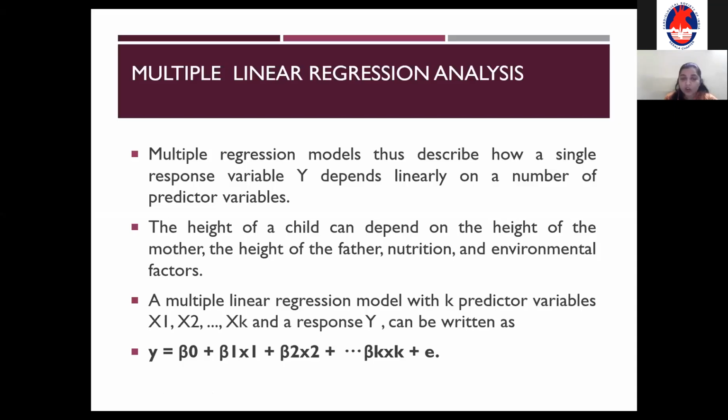The important concept when it comes to multiple regression analysis is multicollinearity. Multicollinearity means if two independent variables are closely related to each other, that causes a problem when we are predicting the y. So that should not be present.